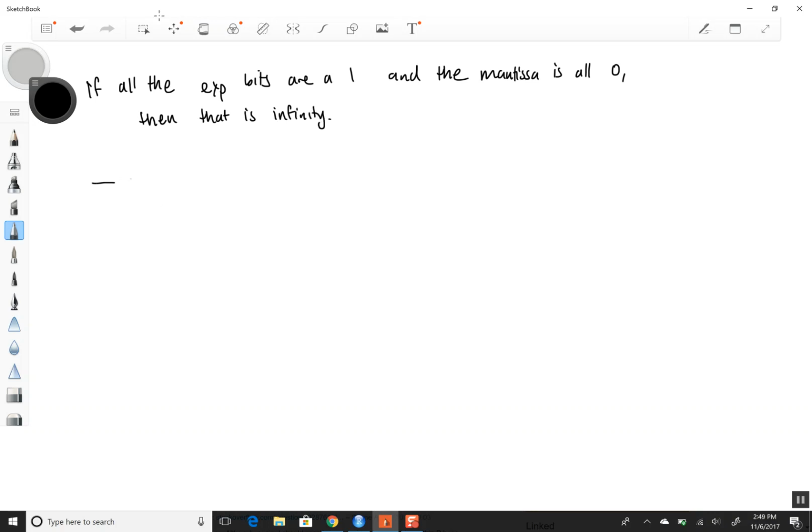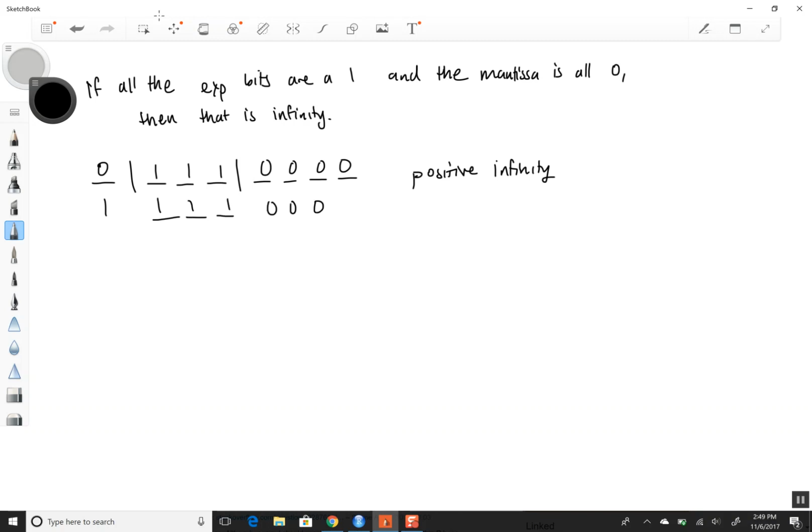You have a positive and negative infinity. This is how R represents infinity in the computer's memory. This is positive infinity. And if you have a 1 up here and all ones and all zeros, this is negative infinity.